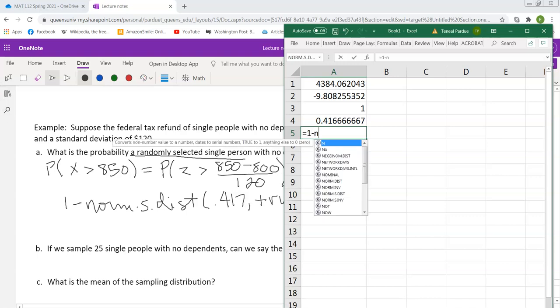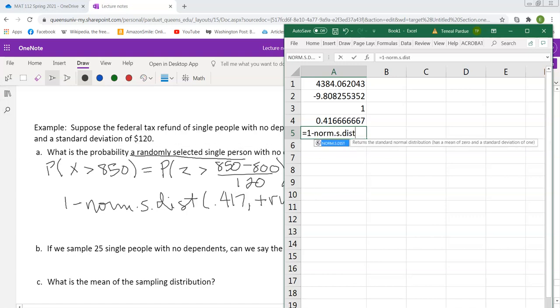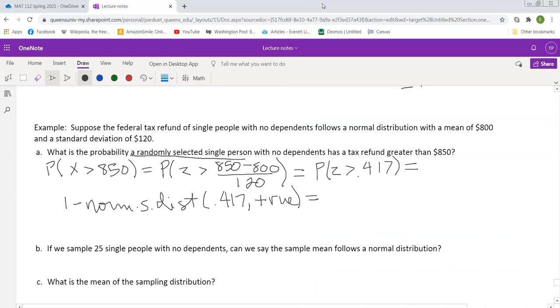NORM.S.DIST, and we're clicking on that cell, so we don't have to worry about rounding, comma, true. And so our answer there is 0.338. We can round to 3 decimal places, 0.338.